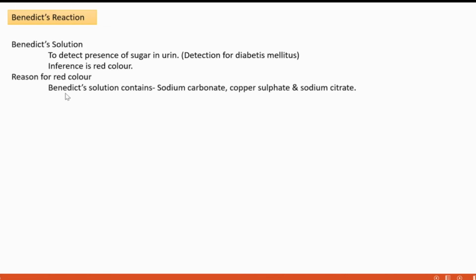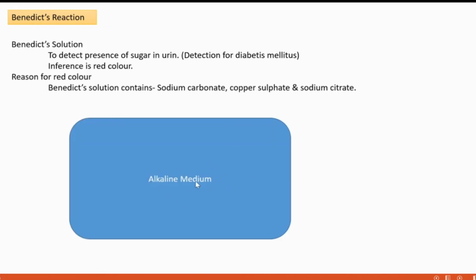That's the thing. First we need to understand the composition of Benedict's solution. Benedict's solution contains sodium carbonate, copper sulfate and sodium citrate. Suppose this is an alkaline medium. Okay. And this medium contains sugar with a free aldehyde or keto group. And as it is present in alkaline medium, it undergoes tautomerization to form the tautomer, that is the enediol.